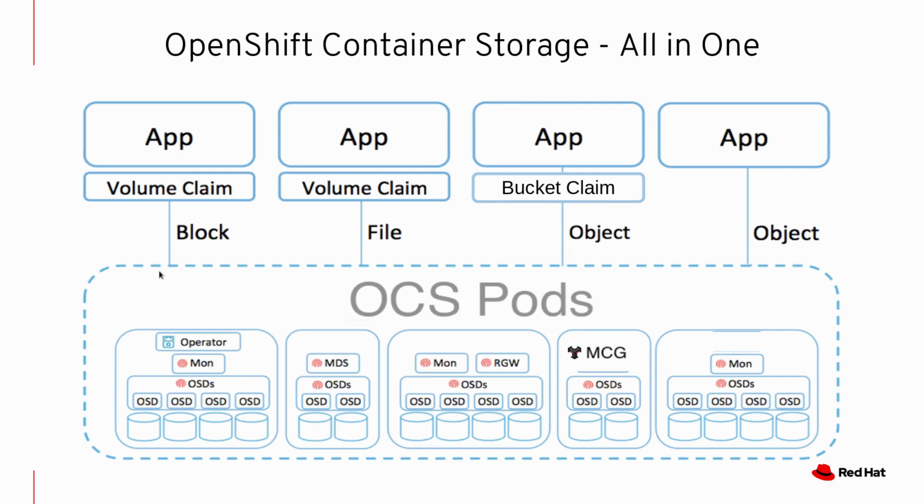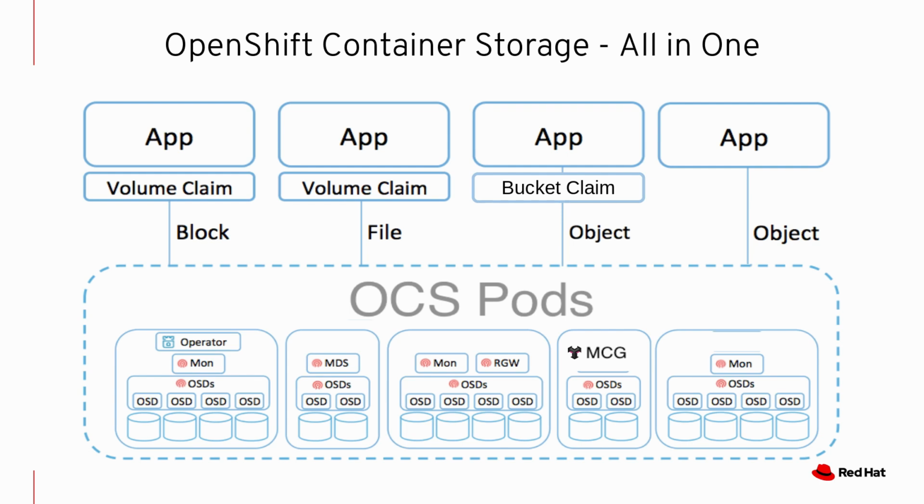So OpenShift Container Storage is a fully containerized, software-defined storage solution based on the Ceph technology. You can deploy this storage layer as part of your OpenShift cluster, and it will serve as storage to the applications and containers running in your OpenShift cluster. It can provide block, file, and object storage.